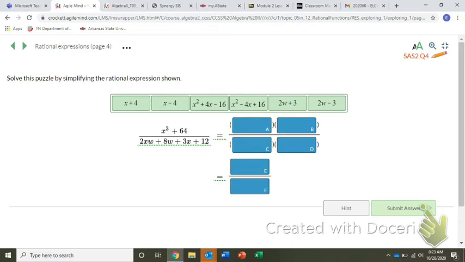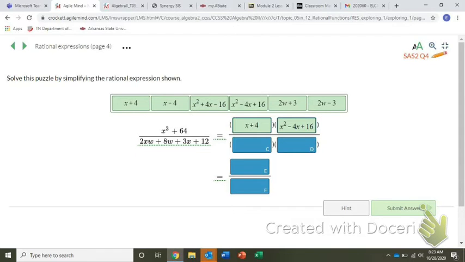So now let's go back and let's fill in our blanks. So up top we had an x plus 4. We had an x squared minus 4x plus 16. And look, here's a trick. You know that there is no way that this second factor can work with the denominator.